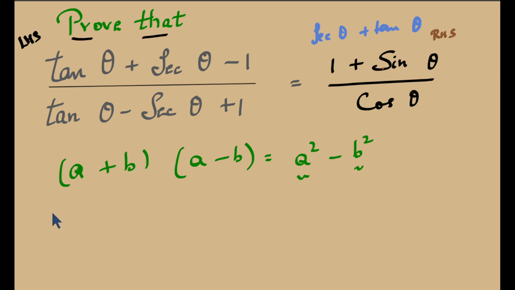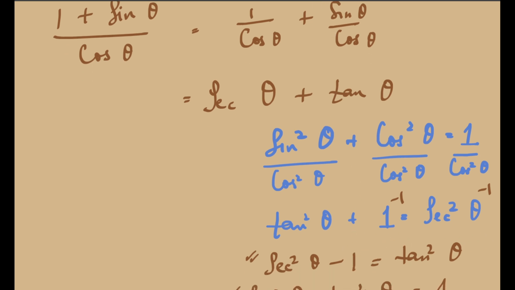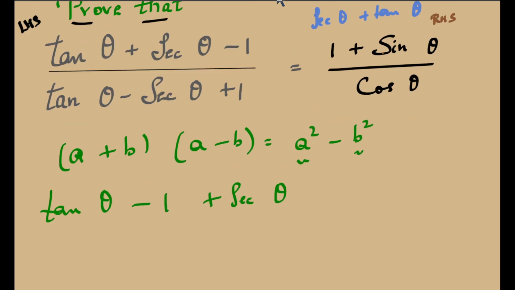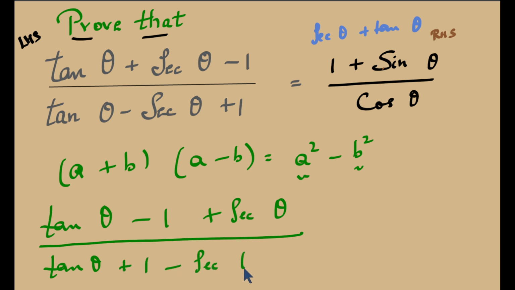Now for that purpose, let me rearrange both the numerator and the denominator: tan theta minus 1 plus secant theta. You would have guessed now why I am writing it as tan theta minus 1, because of this identity which we have here. We can make use of these things. That is why we are rewriting it as (tan theta minus 1 plus secant theta), the whole thing divided by the denominator, which also can be rearranged as tan theta plus 1 minus secant theta.